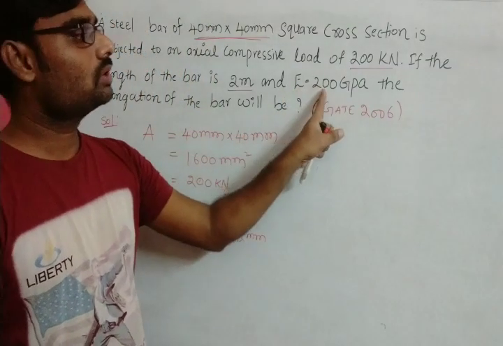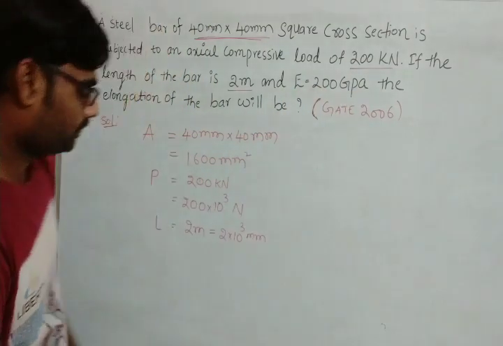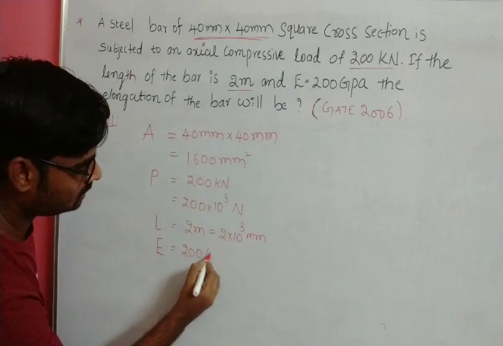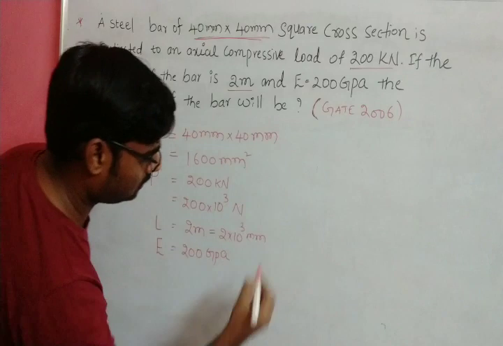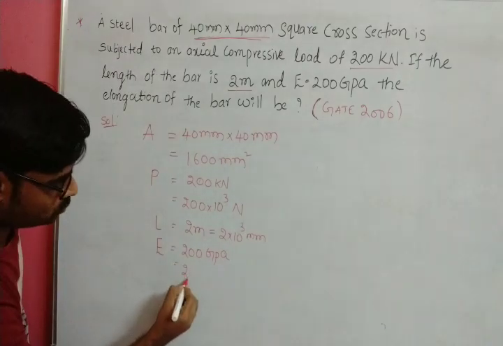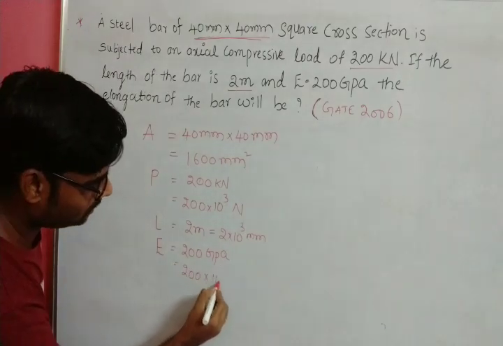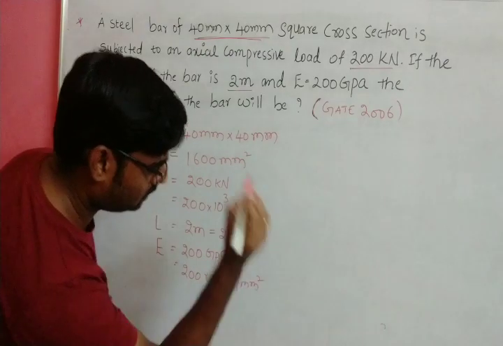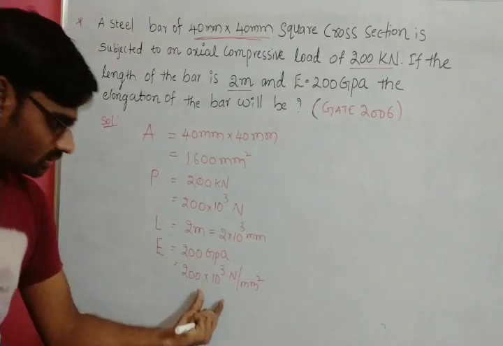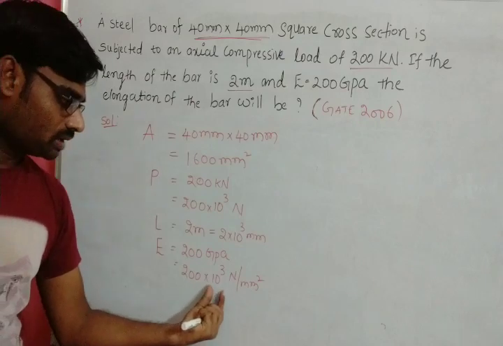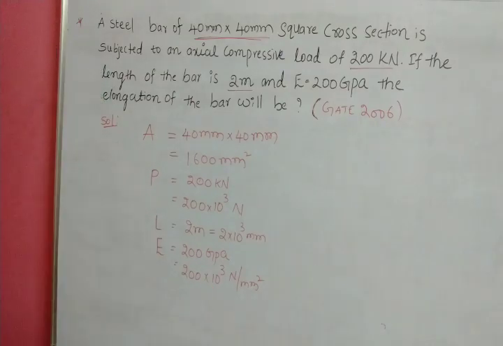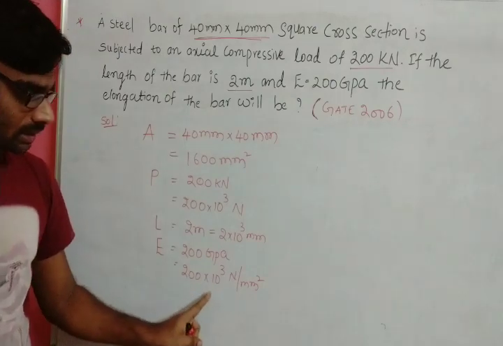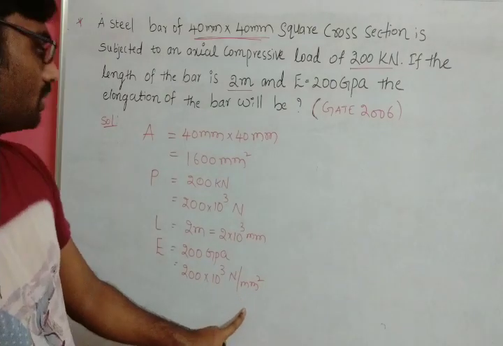Then E equal to 200 GPa, gigapascal. This is 200 into 10 power of 3 newton per mm square. That means 1 GPa equal to 1 kilonewton per mm square.